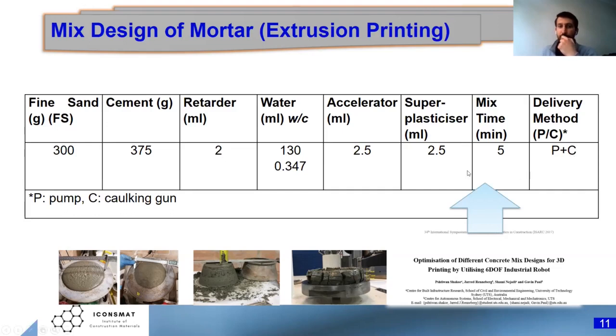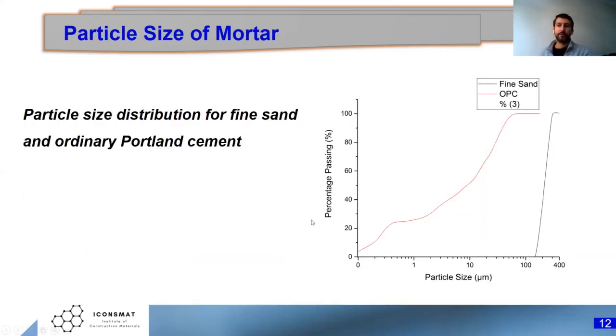To get a very good or optimum mix design, you need to do a few tests like the squeeze flow test, the slump test, a mini cone, and the flow table test as well. We have published a few papers in that regard.